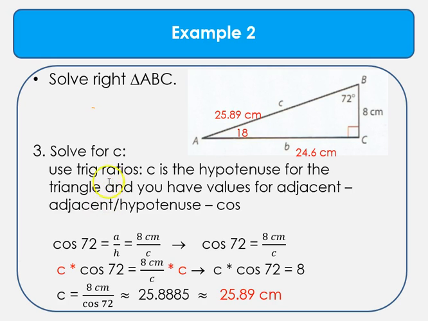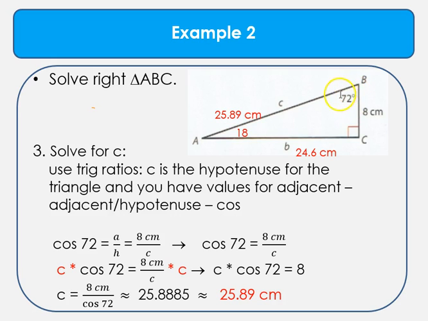And to solve for C, we'll use trig ratios. C is the hypotenuse of the triangle. So we're going to find a ratio that we can use that uses the hypotenuse. And if you take the 72 degrees again, you'll see that you have adjacent, the 8 centimeters, over the hypotenuse that you need to solve, and you can use that ratio.